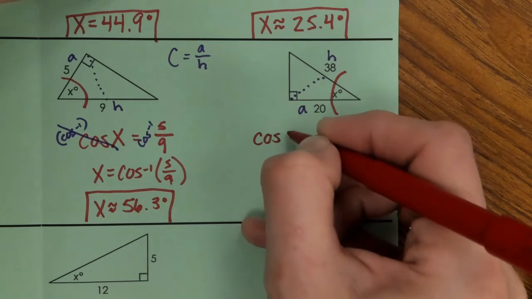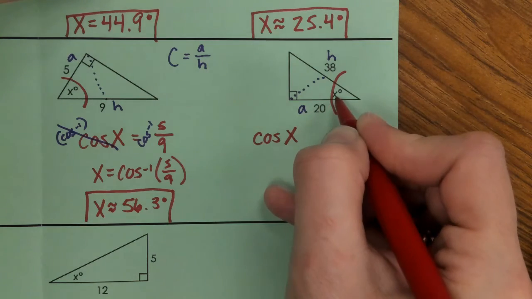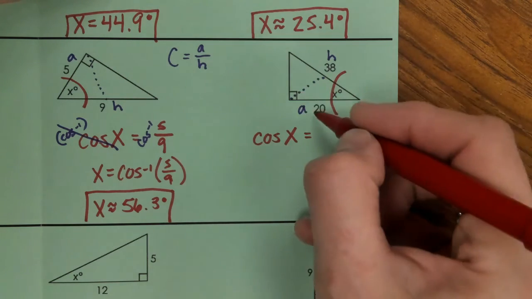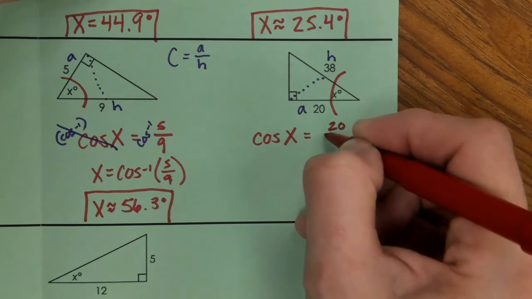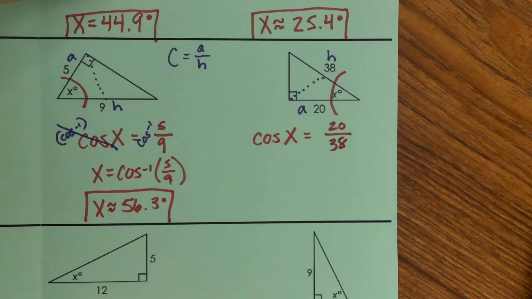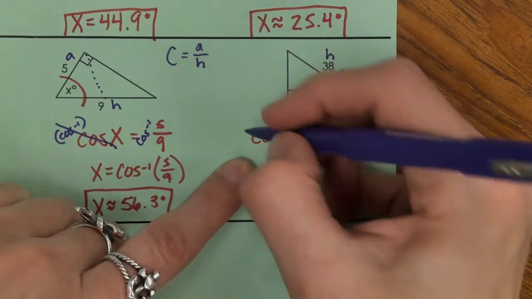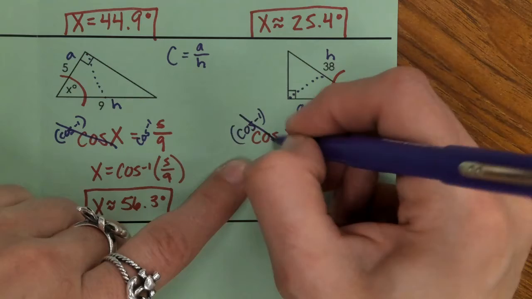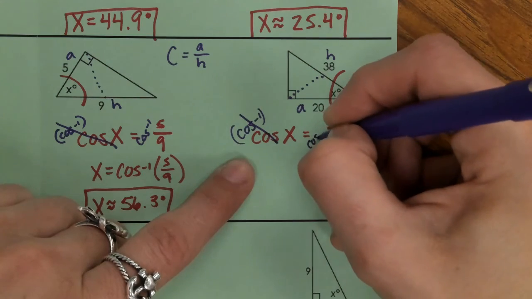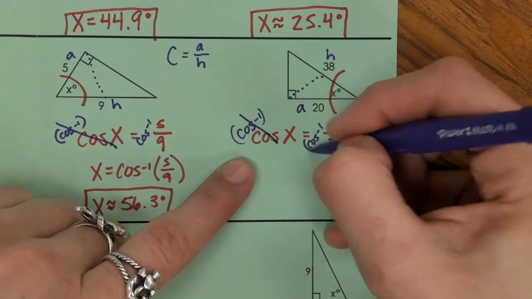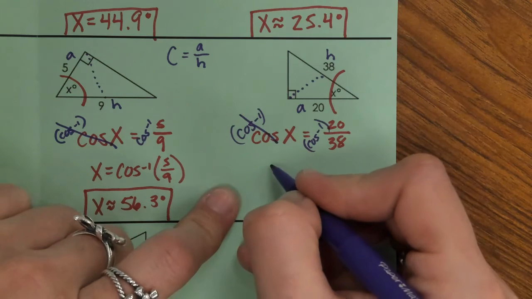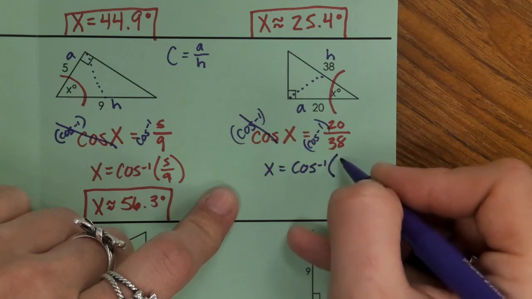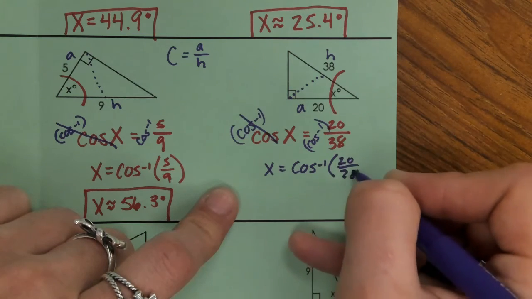We have cosine of our missing angle, our reference angle, is equal to adjacent over hypotenuse, so 20 over our hypotenuse of 38. We undo the cosine by doing the inverse cosine on both of these. What we do to one side, we have to do to the other. So we get x equals the inverse cosine of 20 over 38.